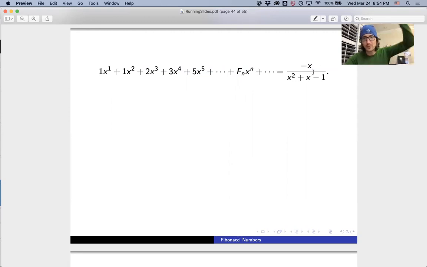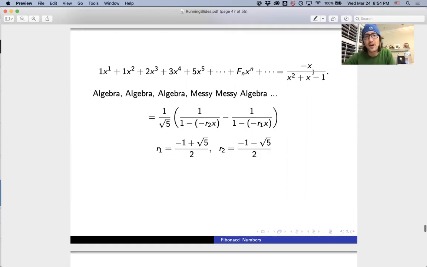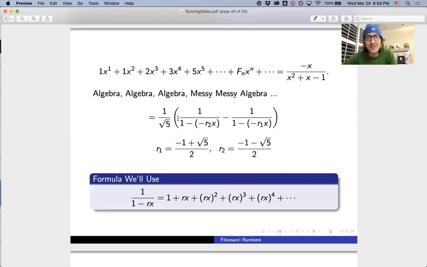Remember, we multiplied by x and did all the subtractions, did a bunch of algebra. And we found that this whole expression is equal to this thing here, where we have to tell you what R1 and R2 are. Again, I kind of swept that messy algebra under the rug. My apologies for that, but I hope it's still convincing.